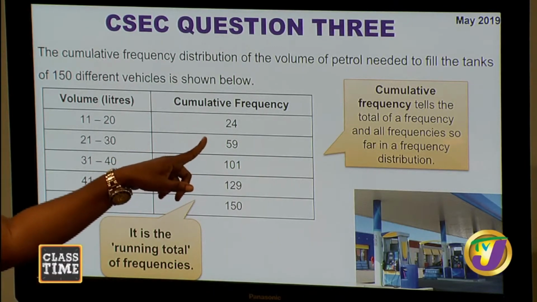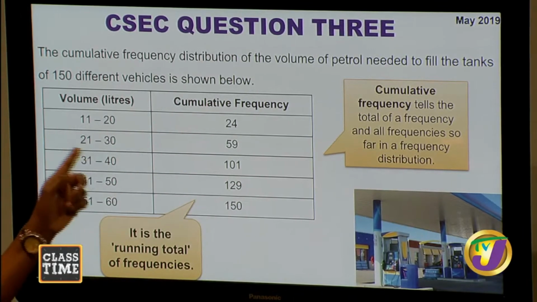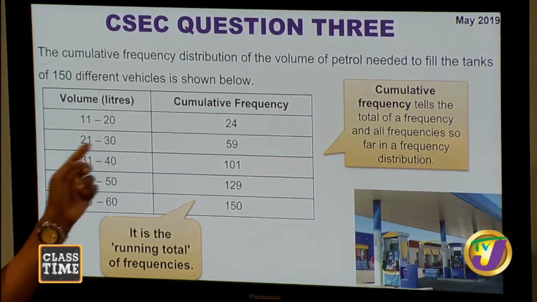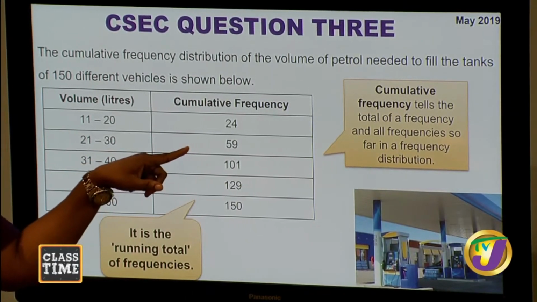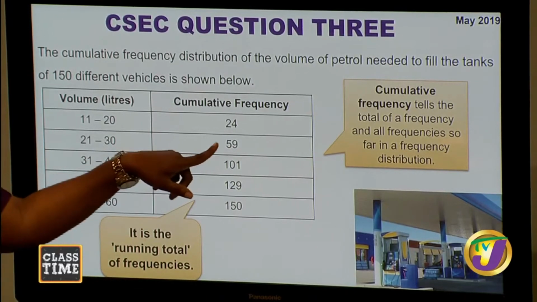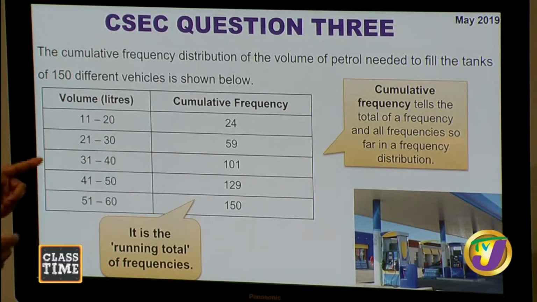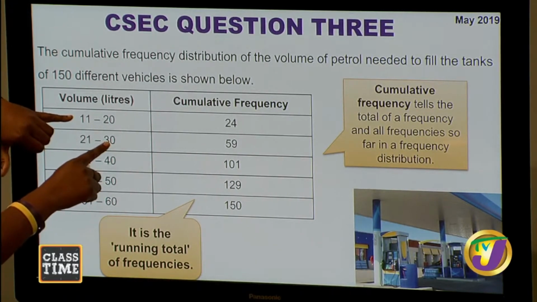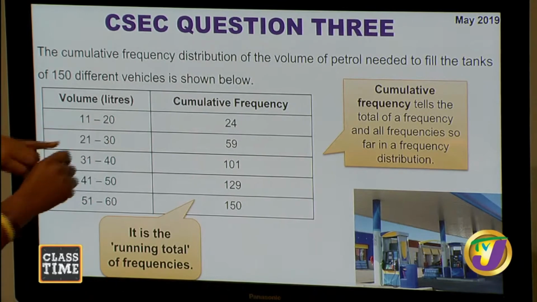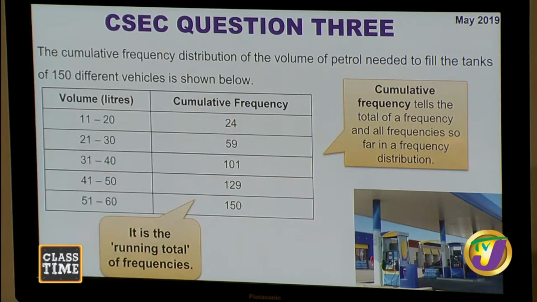This does not mean that these 59 vehicles are only for this class interval. According to the definition, it's so far. So this 59 would be speaking about vehicles that needed from 11 to 30 liters of petrol. In other words, these 24 vehicles are included in the 59.